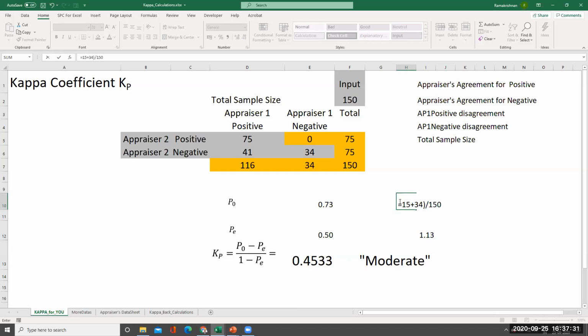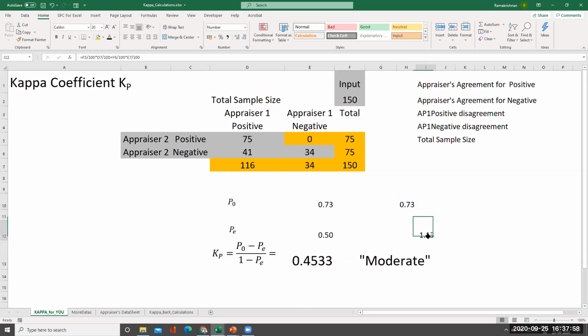So you are getting this. If I increase the number, you will get the exact value, 0.73. You are getting it. Okay.